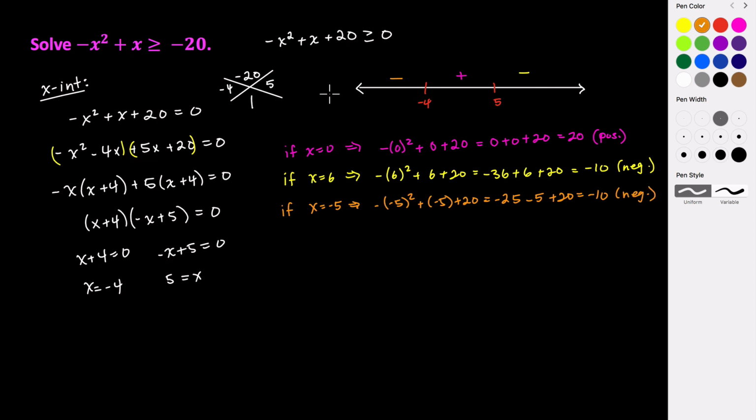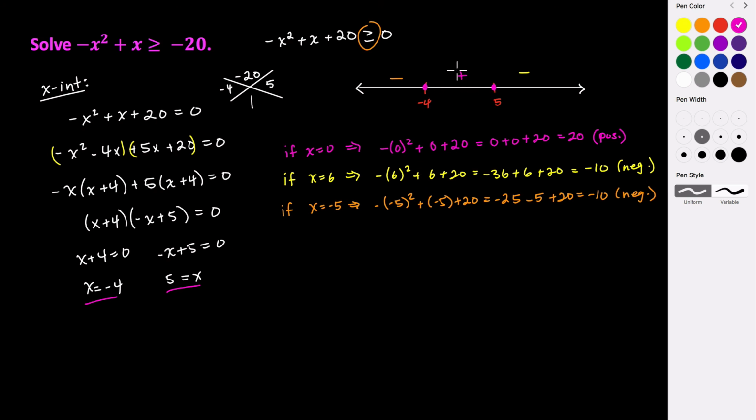Now we want to know where this graph is greater than or equal to 0. That means where it's positive or equal to 0. And we know that at negative 4 and at 5, our graph is equal to 0. So at negative 4 and at 5, since it's equal, and this is a greater than or equal to, we're going to have a closed circle here because they will be included in the solution set.